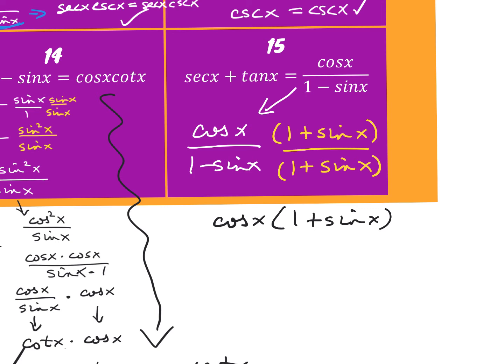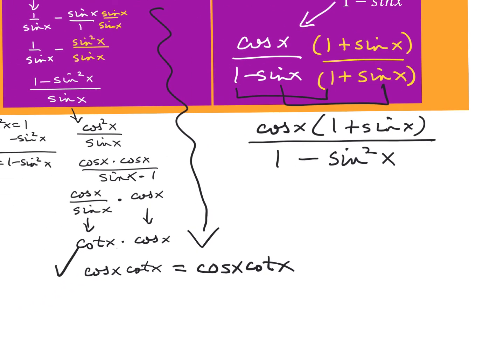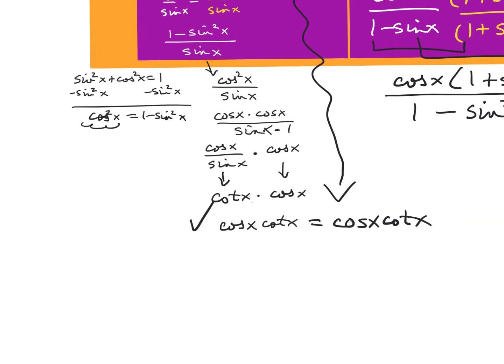So I'm going to FOIL the bottom. When you multiply something by its conjugate, all you need to do is first and last. So the denominator becomes 1 minus sine squared x. This is actually an identity that I can use. So what I can do here is, let's see if I have the work here.